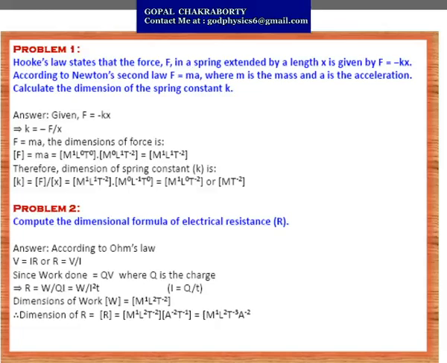Ultimately, solving, you will get M T to the power minus 2. So that is the dimension of the spring constant k. Do you understand the procedure? First you have to express k in terms of some other quantity, then substitute the dimension of that other quantity, and you can easily find the dimension of k.